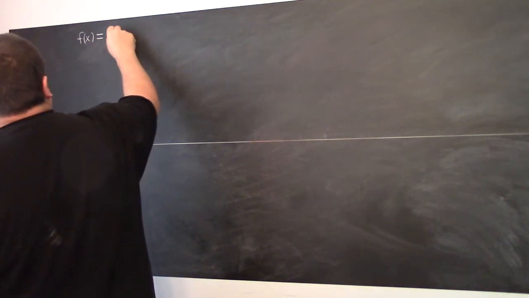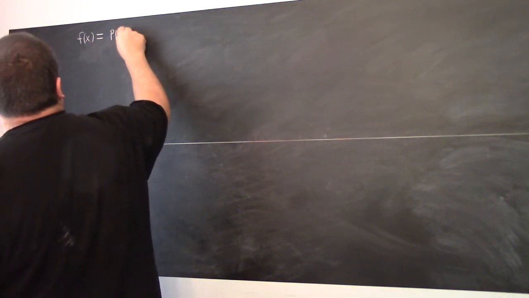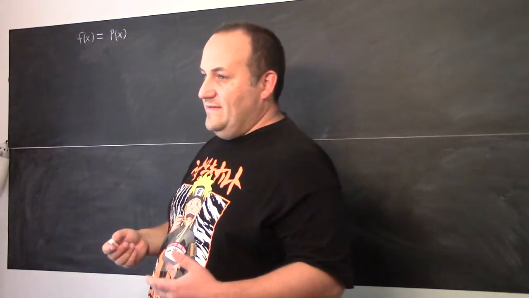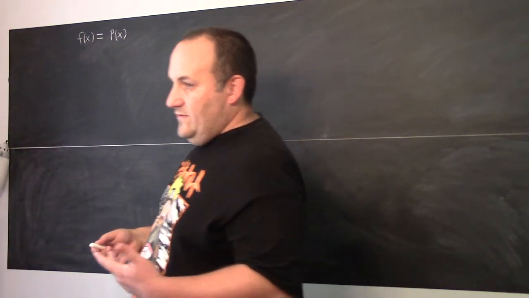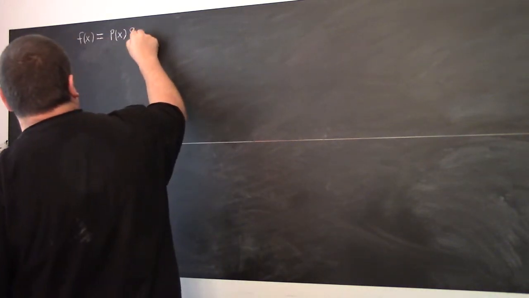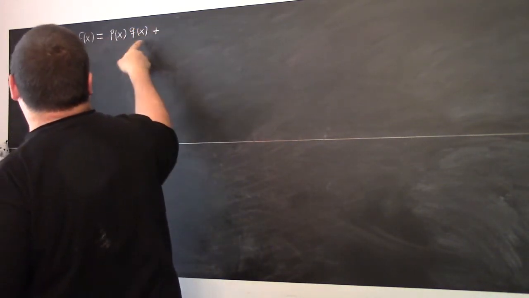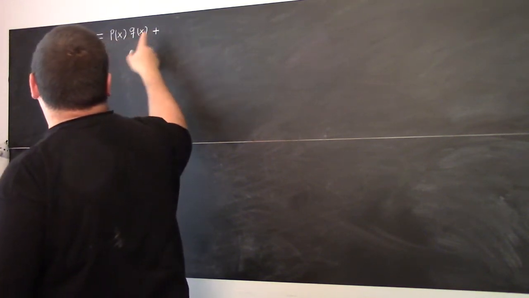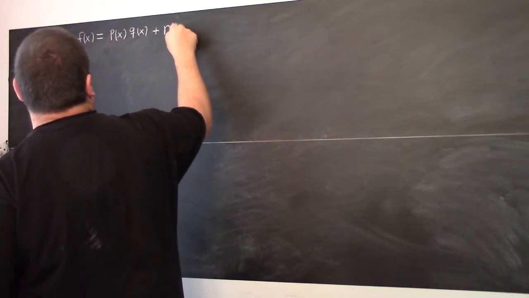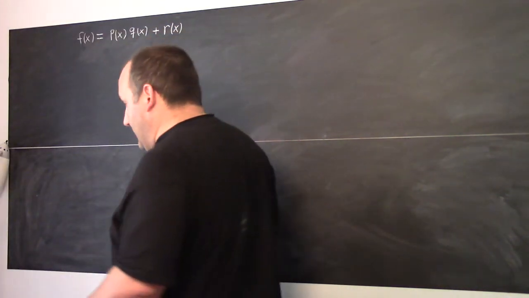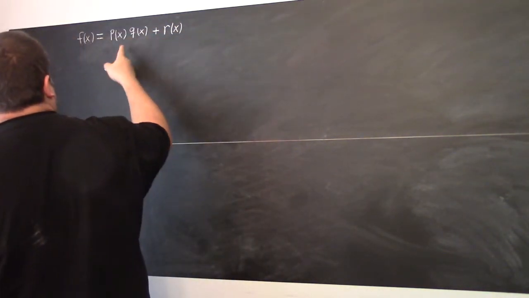You can take q of x multiples of p of x, but you can't always do just that for a given polynomial. You're always going to have some extra left over, a remainder term. That's where we get synthetic division or long division from. Yeah, exactly, this essentially is long division.